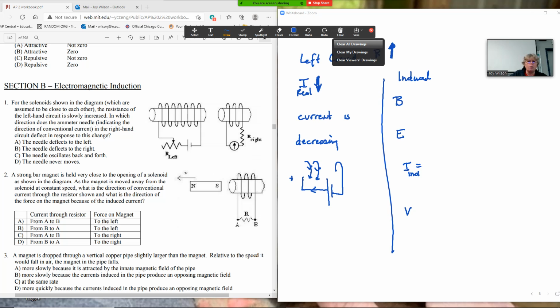So what does that all mean? That means that we've got to figure out which way this current is flowing. So in the loop of wire, if you want to visualize this with me, which way would I point my thumb? Well, my thumb is coming up the back. My thumb comes up the back, and then my fingers wrap around like so.